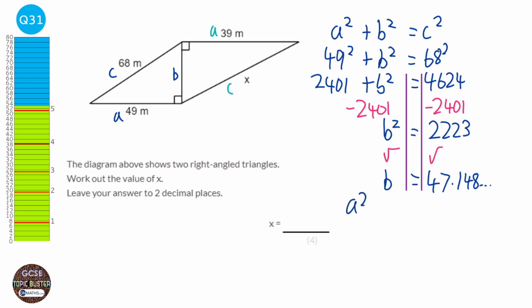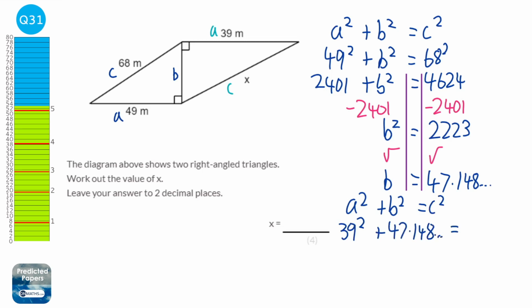So it would be a squared plus b squared equals c squared, but this time a is 39. B we are given as 47.148, we've just worked that out. And we're looking for c, in fact we can call it x now.